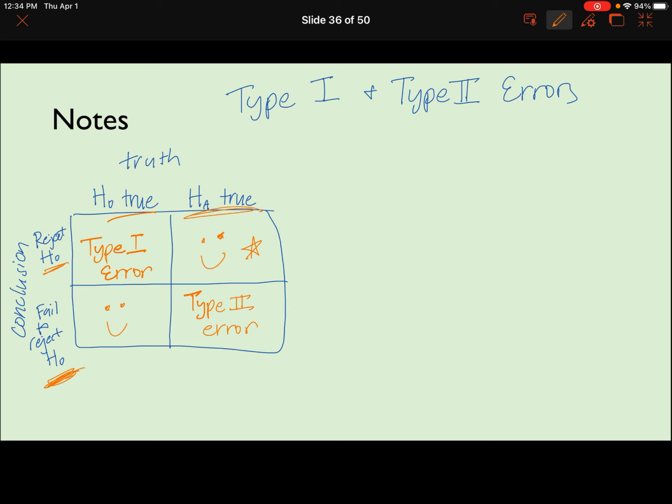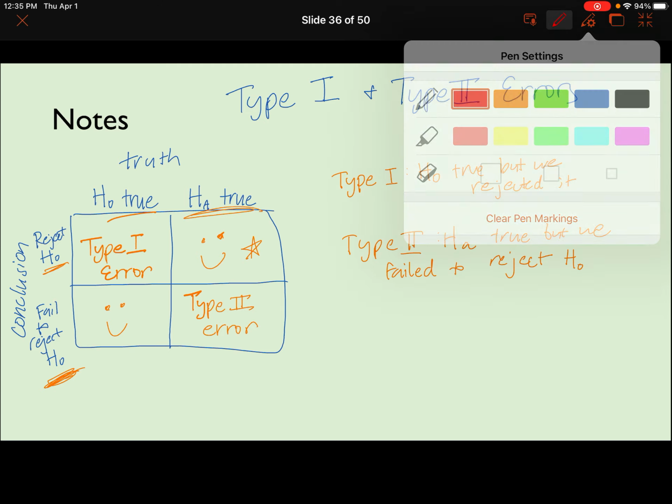Okay, so just a few notes on these different types of errors. A type 1 error, that's again where our null hypothesis is true, but we rejected it. A type 2 error is where your alternative hypothesis is true, but we failed to reject the null hypothesis.